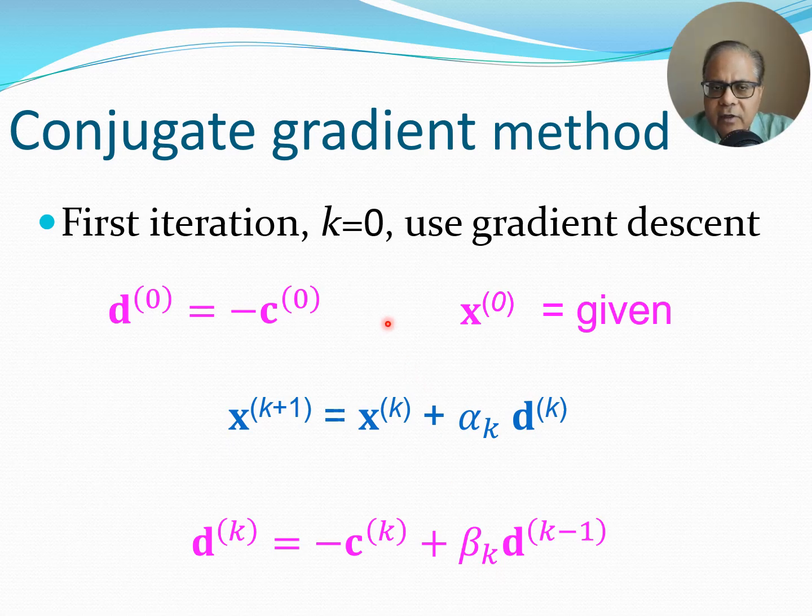When k is 0, you do not have access to the k minus 1th point, so you set d0 equals minus c0, the steepest descent direction. Of course, x0 has to be given, and you move in the design space using xk plus 1 equals xk plus alpha k dk. And remember throughout that the conjugate gradient search direction is given by dk equals negative ck plus beta k dk minus 1. This should be in your memory banks.